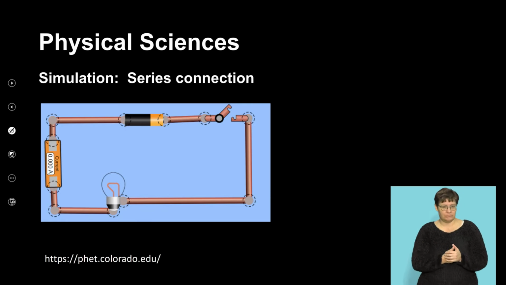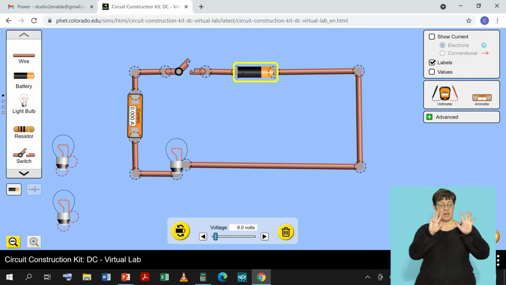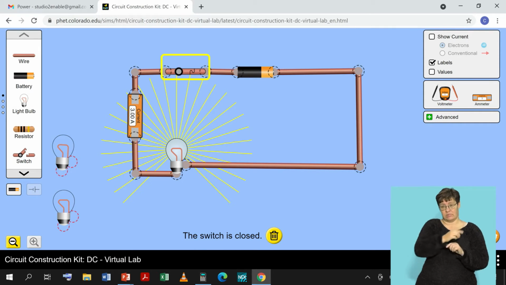Right, so here is a setup that we're going to use by way of a simulation. We've got a 9-volt battery and a 3-ohm light bulb, okay? So there is no current in the circuit. If we close that switch, there is a current of 3 amperes through the light bulb, and we can observe the brightness of this light bulb, right?